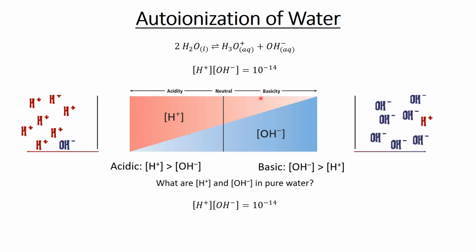So if I take my formula here, H plus times OH minus is 10 to the negative 14, and I know that these two are both the same number, I end up with x squared equal to 10 to the negative 14. If I take the square root of both sides, x is equal to 10 to the negative 7 molar. So the concentration of H plus and OH minus in a pure sample of water is 10 to the negative 7 molar.